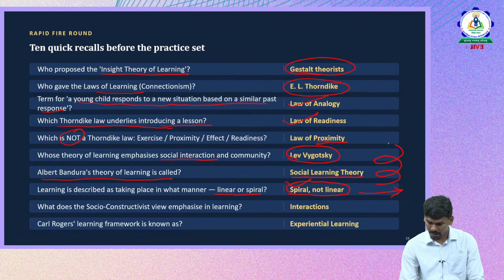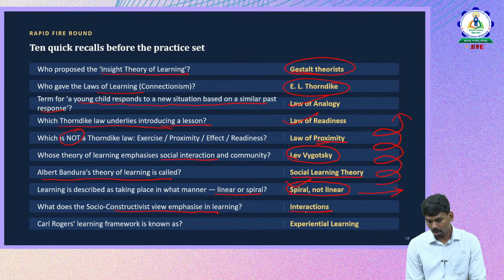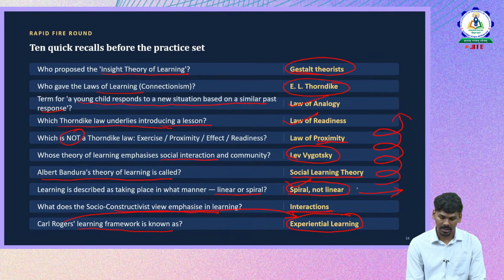It keeps on improving through reflection and keeps going up. What does the socio-constructivist view emphasize in learning? The view emphasizes interactions in learning. Carl Rogers' learning framework is known as experiential learning. So remember, Carl Rogers, you link it with experiential learning.